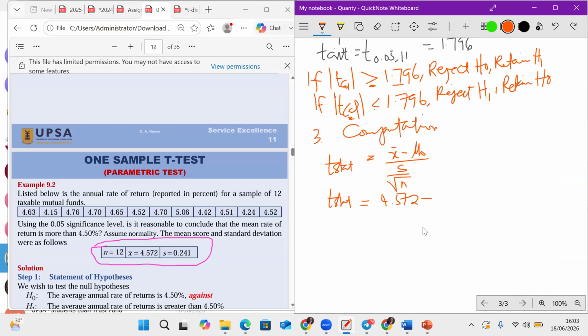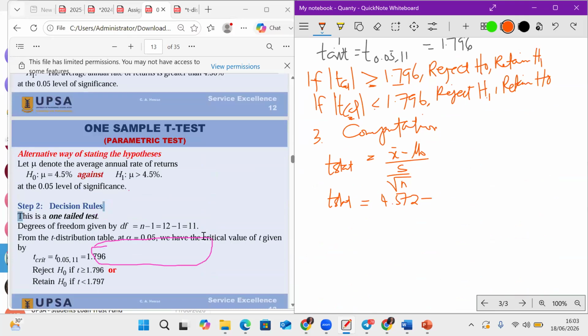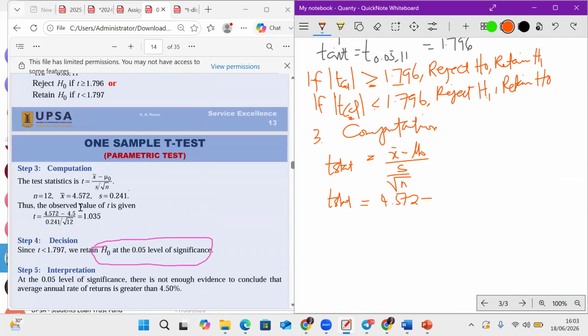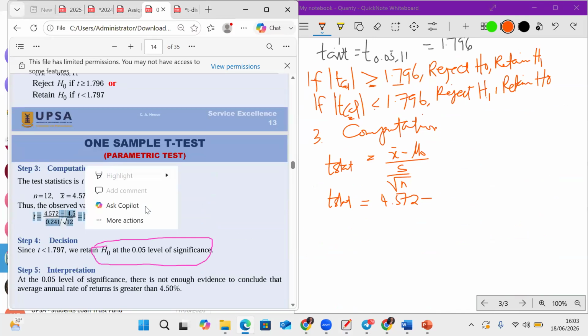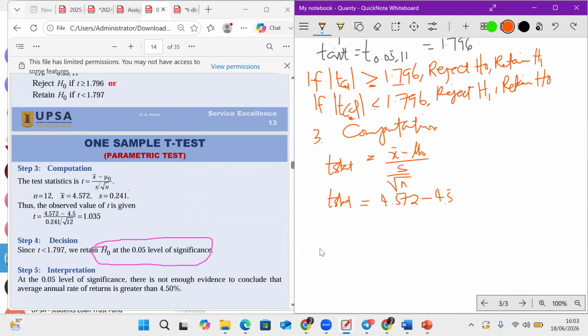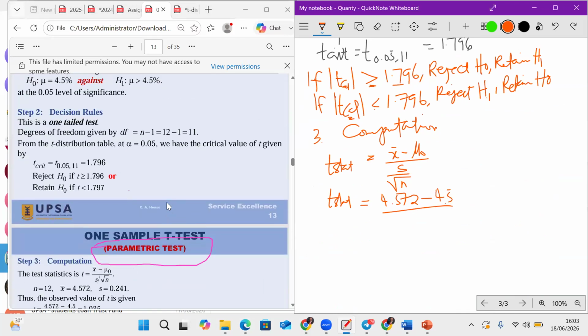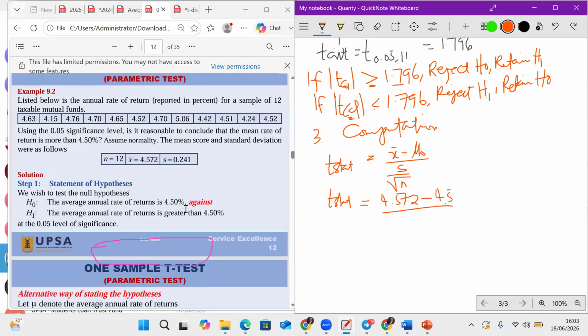Yes, sir. They also used the 4.5. Over, what is the standard deviation? S is 0.241, over the square root of, what is the n? 12. When you are given a question, you must count all these items and ensure they are 12.